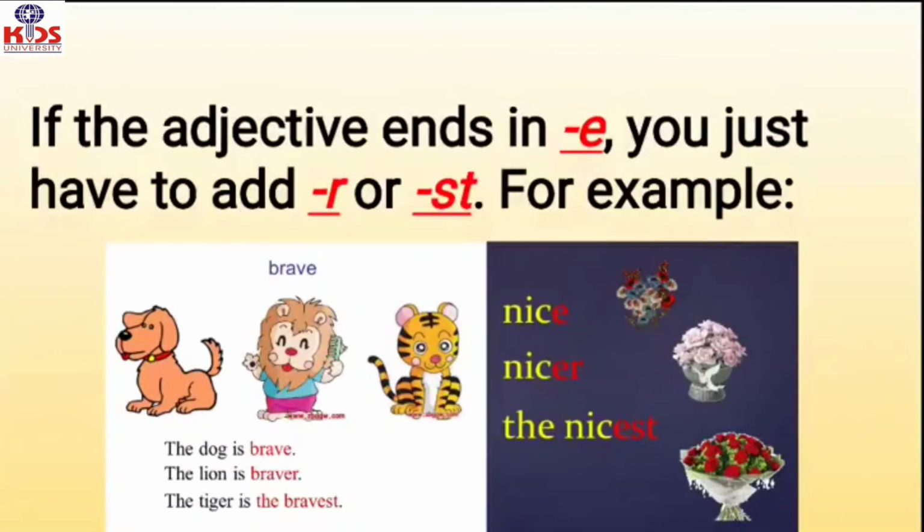So, it will become the lion is braver and the tiger is the bravest. Another one is nice. The first comparative form of nice is nicer and the second comparative form is nicest.